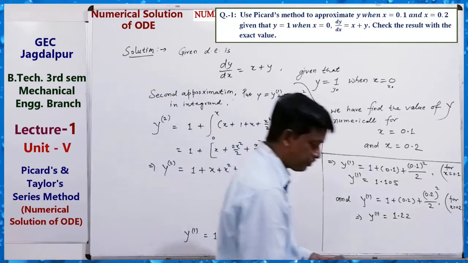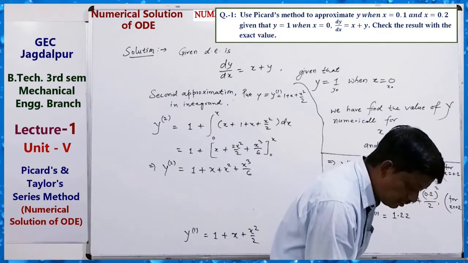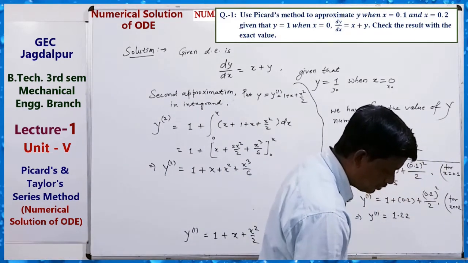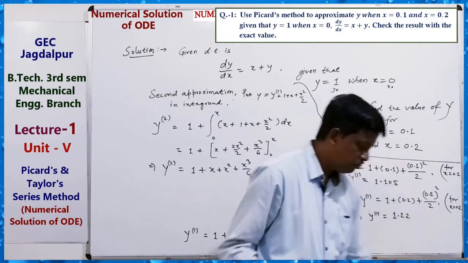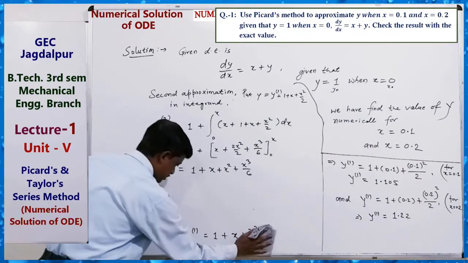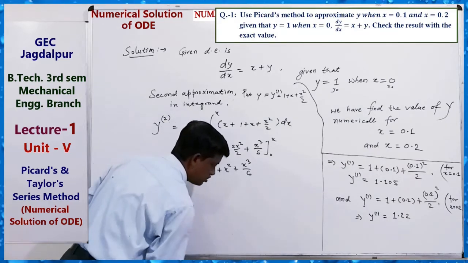Okay, so here, just putting in the value, this was the first approximation.